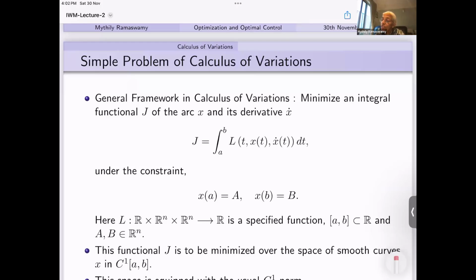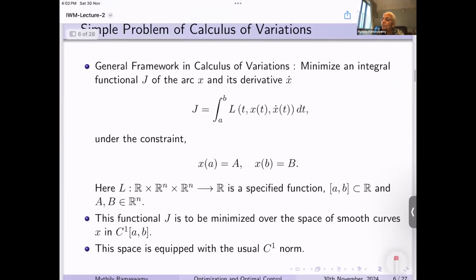Now I have a function J depending on x(t), and this x(t) is coming from a function space. So generally it could be a C1 function space over [a, b]. And then I have an integral J of this curve x(t), and it may also involve its derivative x dot, under the constraint x(a), x(b), etc.